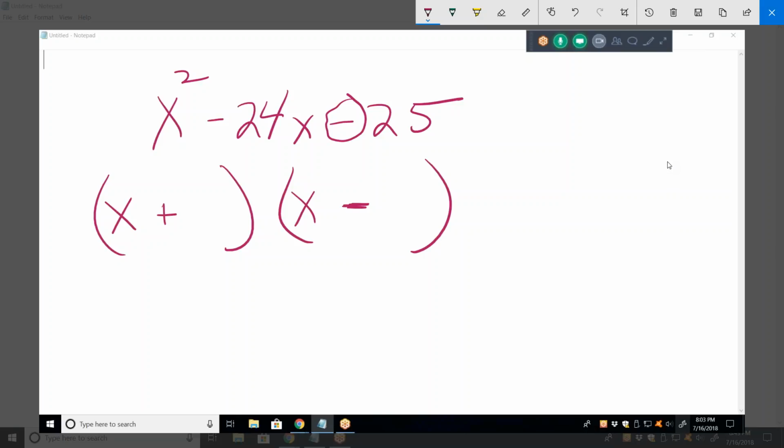Verbalize it. Okay, I'll go with that. Factors of 25 is what that means. Yeah, that do what? Perfect. So let's examine factors of 25. What else we got besides 25 and 1?